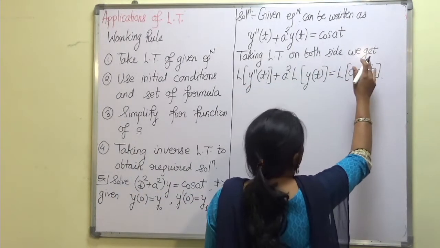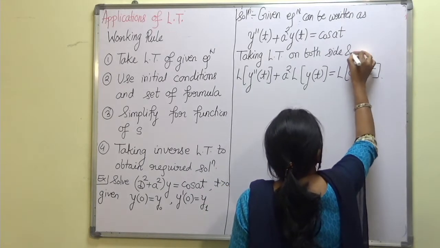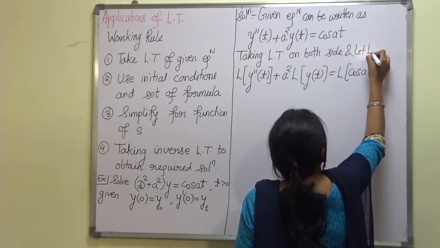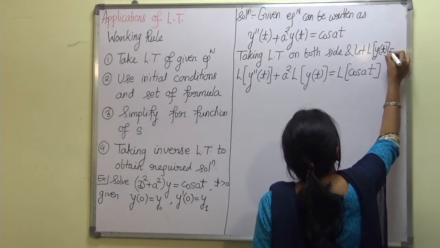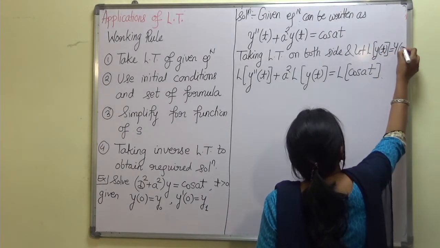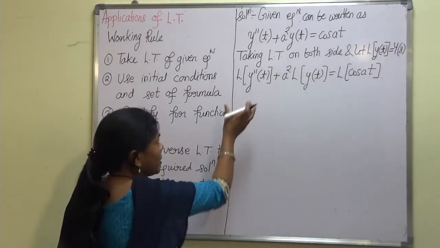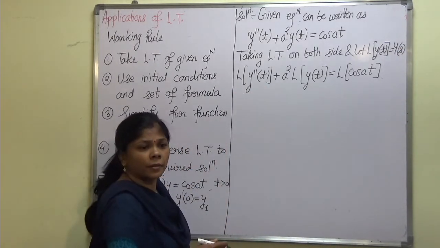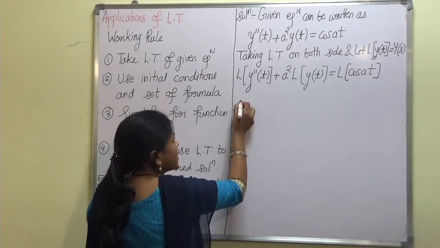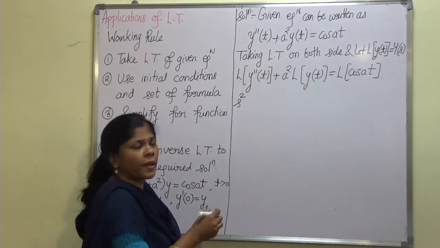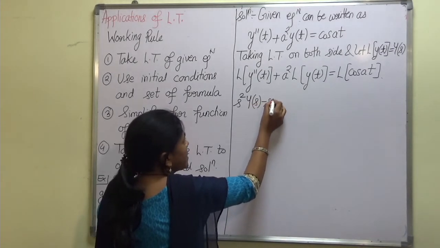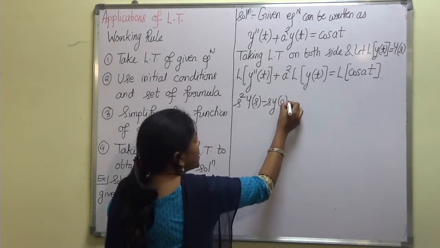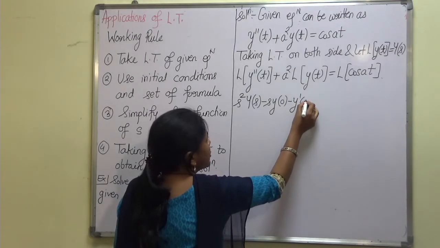As y is a dependent variable, its Laplace will be Y of s. So apply the Laplace of derivative formula. As it is a second derivative, we have s square Y of s minus s y at 0 minus y dash of 0.